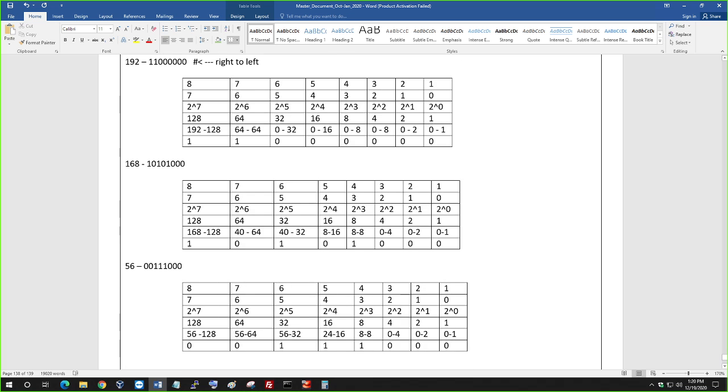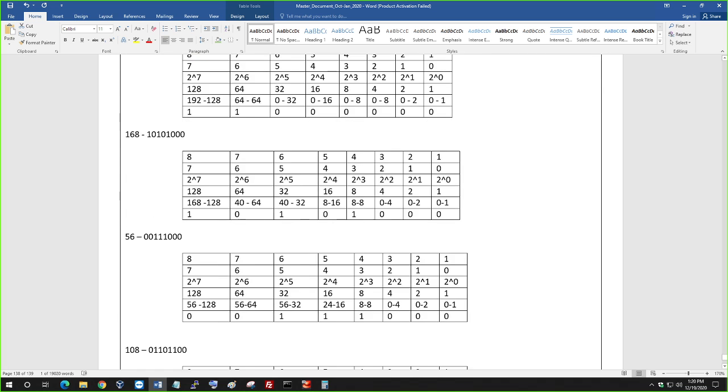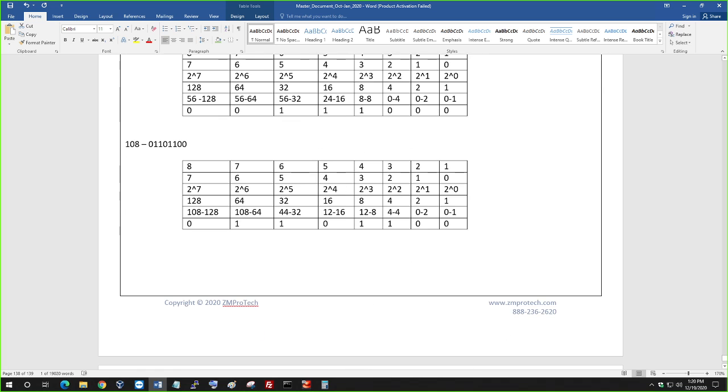So to the computer, 192 is going to look like this. To the system, 192 will be this number here.